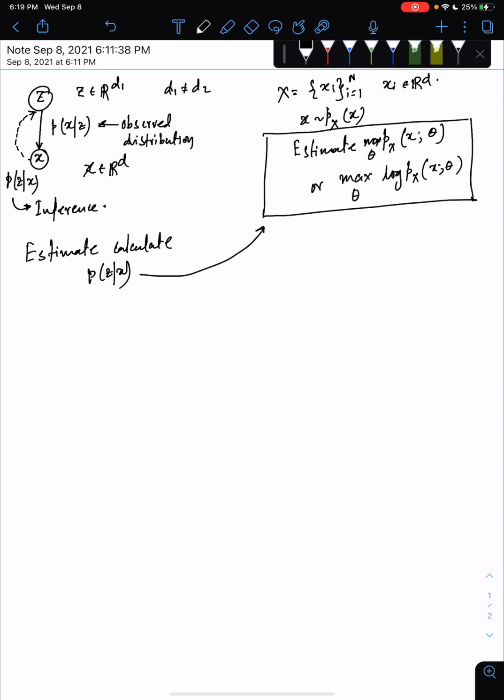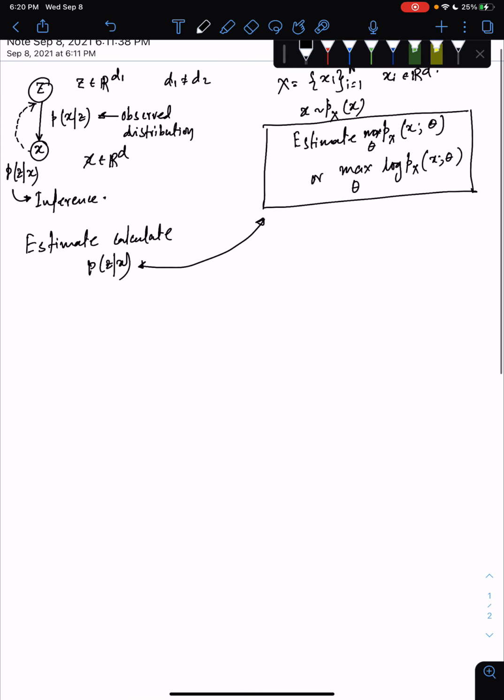These are the two things that will lead us to the same result, which we are going to derive. What I'm trying to say is that we can start from this thing or we can start from this thing.